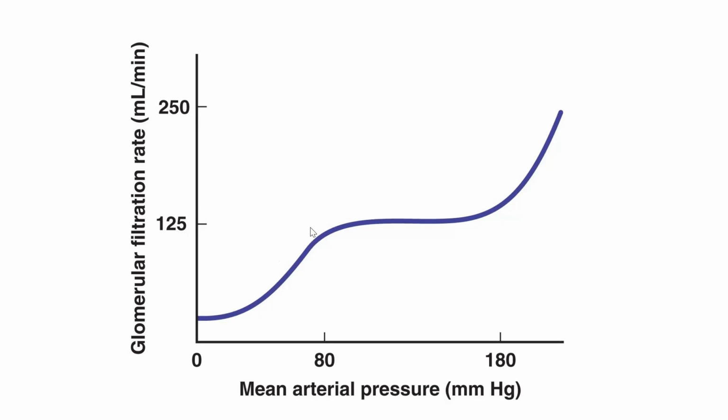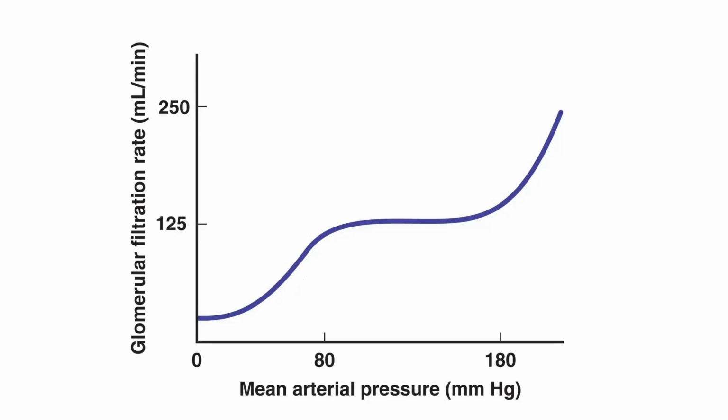If we have an instance where our mean arterial pressure drops below 80, which again is something extreme, we're thinking about shock, hemorrhage, severe dehydration, then we will just have to take the hit, right? GFR will not be able to be sustained and it will drop below 125, okay? But again, these are extreme scenarios. Likewise, if our mean arterial pressure goes above 180, in instances like chronic sustained hypertension, right?